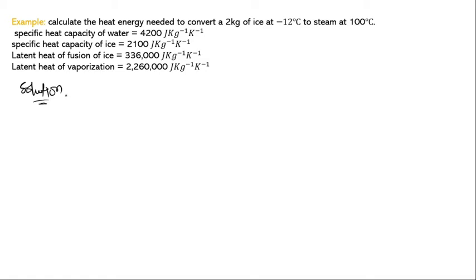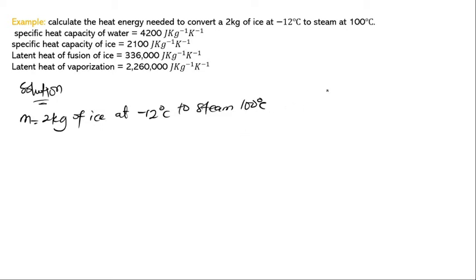All right, so let's analyze the question. We have to calculate the heat energy needed to convert a mass of 2 kilograms of ice at negative 12 degrees Celsius to steam at 100 degrees Celsius.